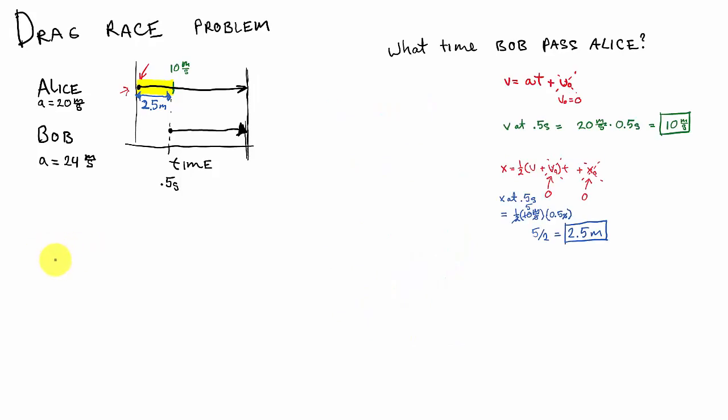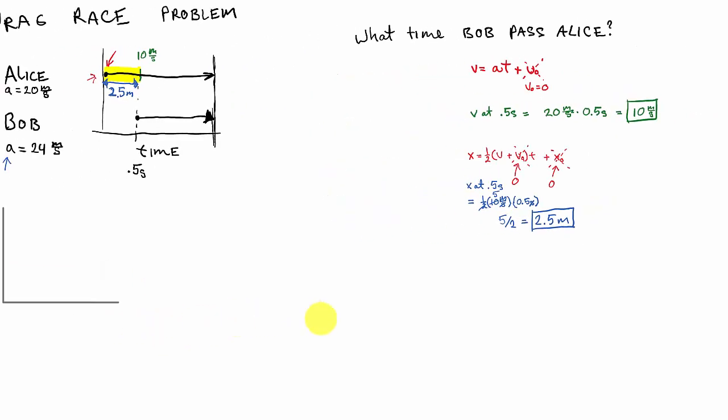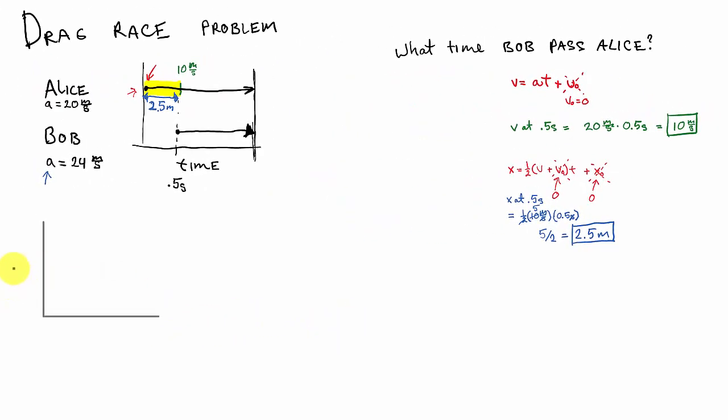So since acceleration is a function of time, what would it look like on a graph? If the y-axis was position and x-axis would be time. Say Alice is in red.